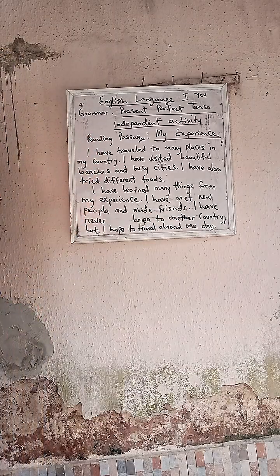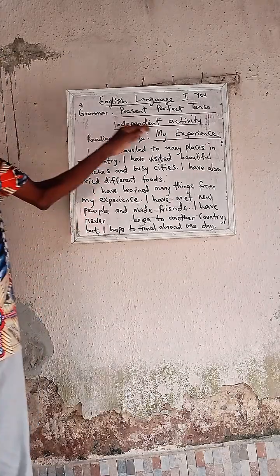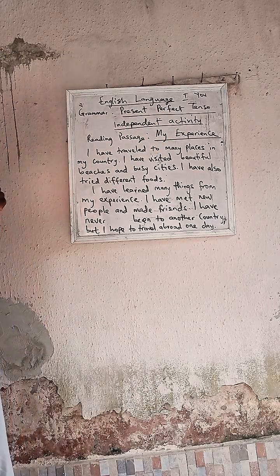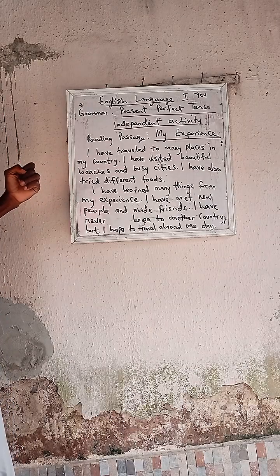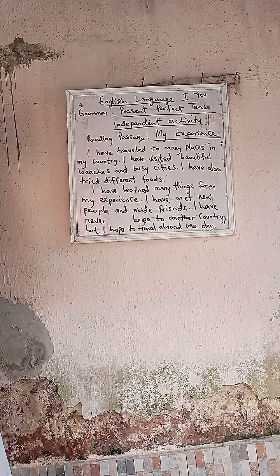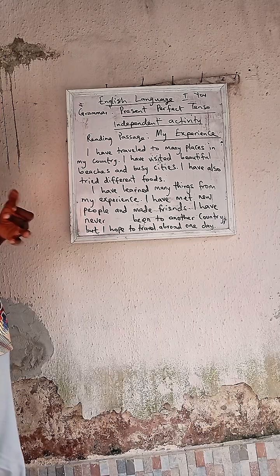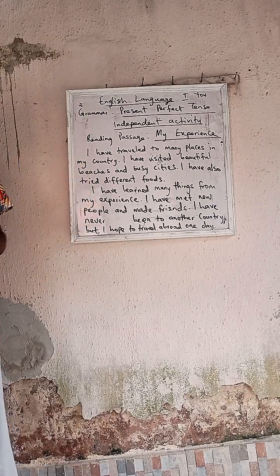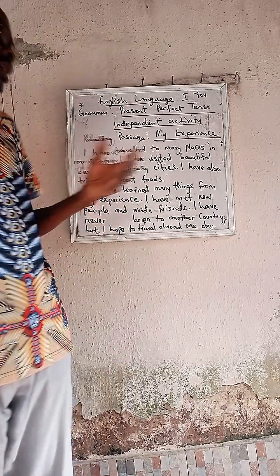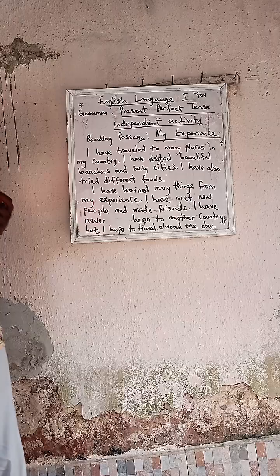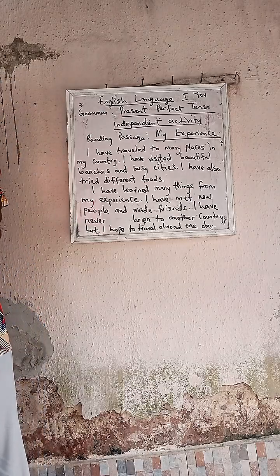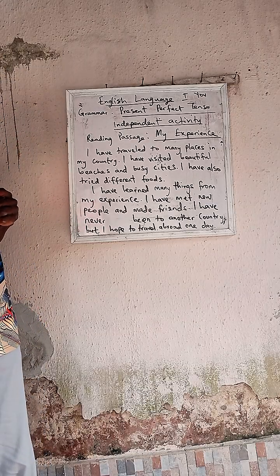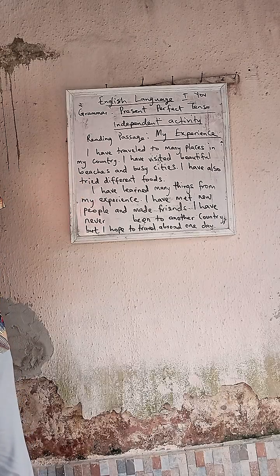So this passage is constructed with present perfect tense. I want you to write it in your notebook and underline the have or has and the past participle form in the passage. Do it individually, and underline or circle the have and the past participle form in these sentences.